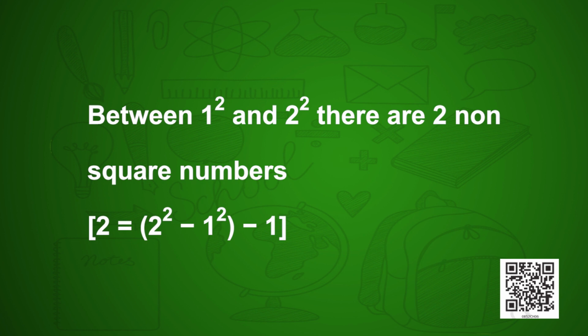But remember, we can write this 2 as 2 square minus 1 square and this subtracted with 1, because 2 square is 4, 1 square is 1. So, 4 minus 1 is 3 and then 3 minus 1 is equal to 2. So, we can write 2 is equal to 2 square minus 1 square minus 1.